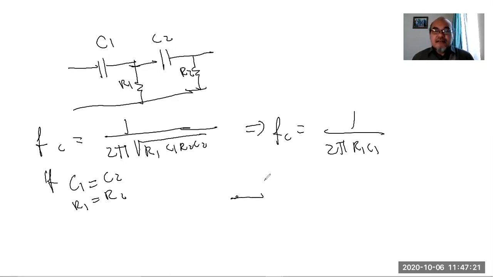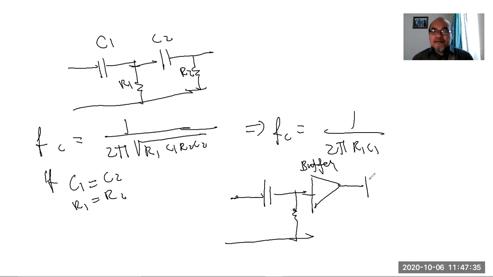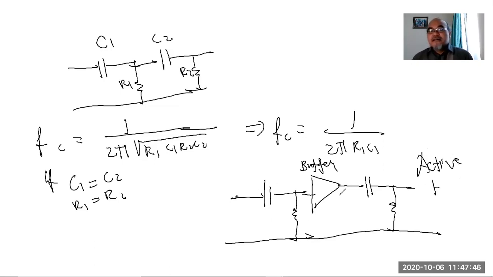So you don't connect the circuit directly into the next RC circuit, but instead put a voltage follower circuit using an op-amp, for example. This is what we call an active high pass filter, or low pass filter if the C and R are reversed.